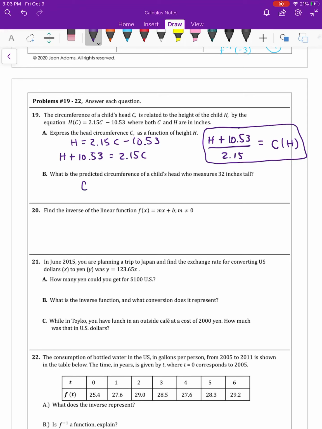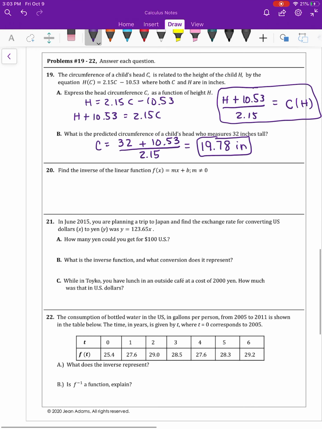So we want to know the circumference if their height is 32 inches. So I just put 32 in for H, and if I put this in my calculator, go ahead and put that in your calculator and see what you get, and then turn this back on, and you should have gotten 19.78 inches.